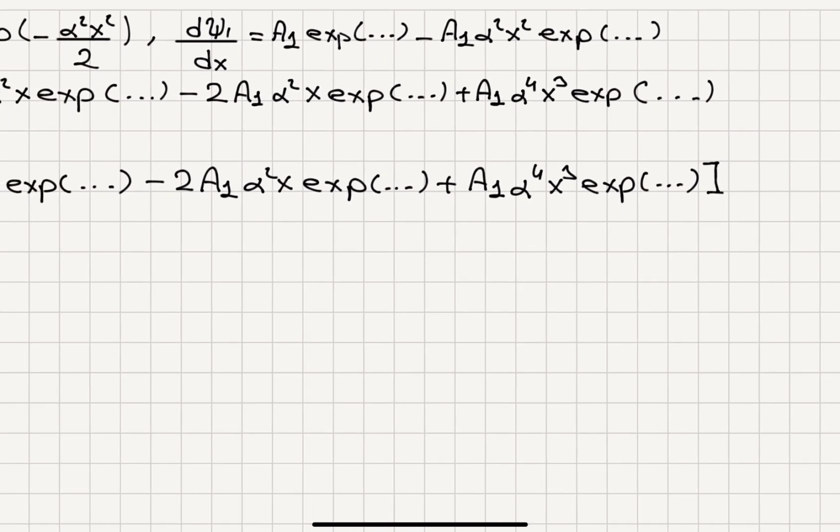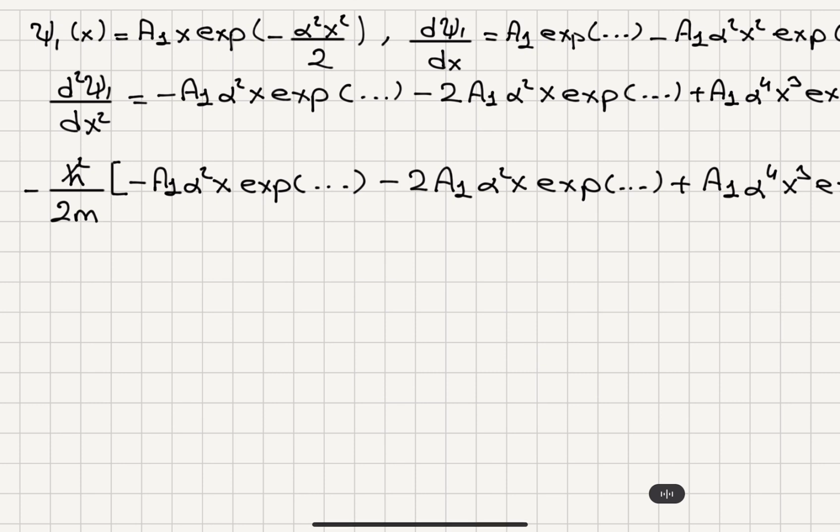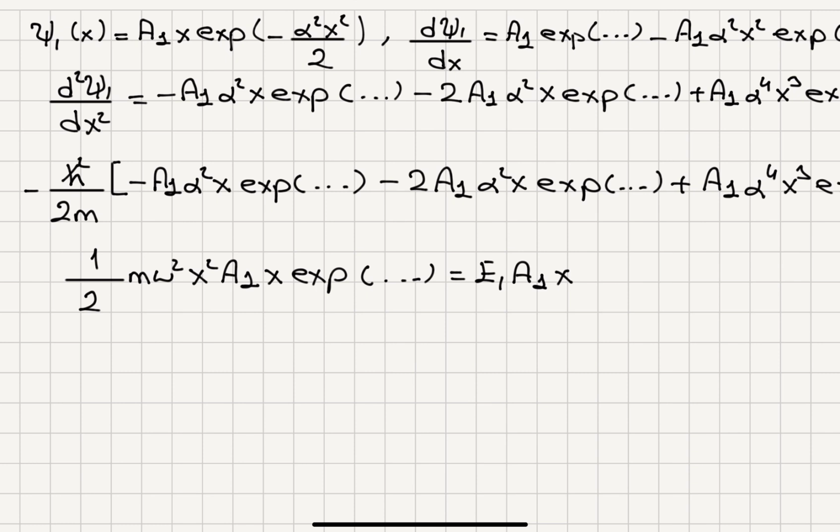Then I have the potential term, plus 1 over 2 m omega squared x squared times a1 x exponential, that's psi1, that's equal to energy times psi1, E1 times a1 x and the exponential minus alpha squared x squared over 2.